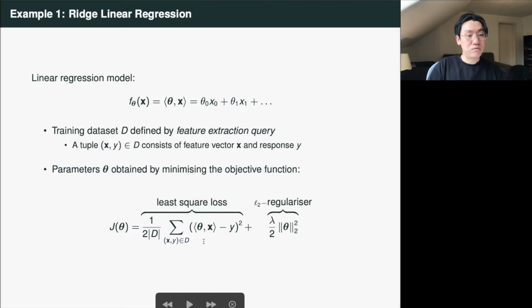The aim is to find the parameters that cause the minimum errors. The second component, the L2 norm regularizer, is to prevent overfitting, which is to avoid the model being too biased to the training dataset so it does not generalize to other data.